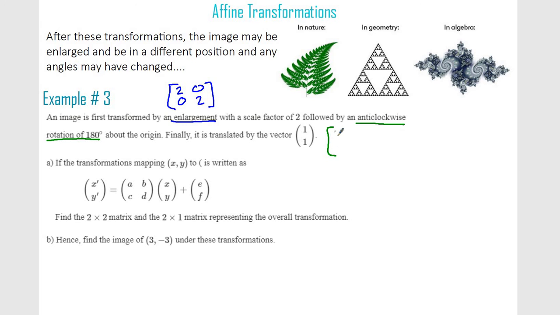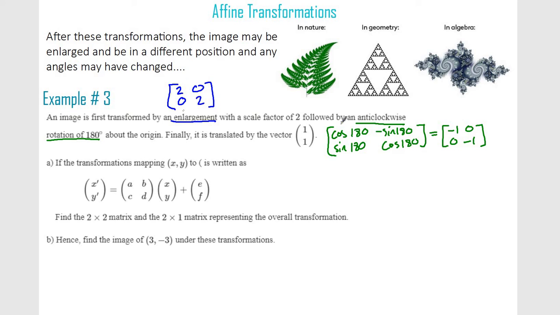So that's just cosine 180, sine 180, negative sine 180, cosine 180. So that's just negative 1, 0, 0, negative 1. Okay. So we have both of those.